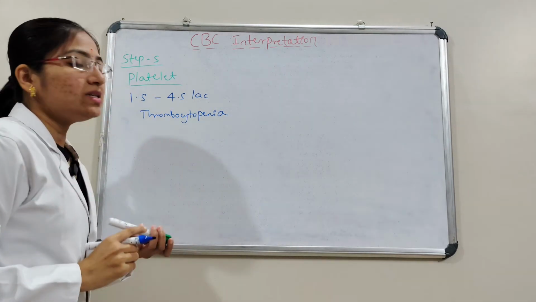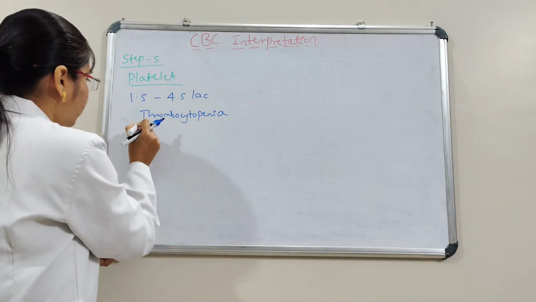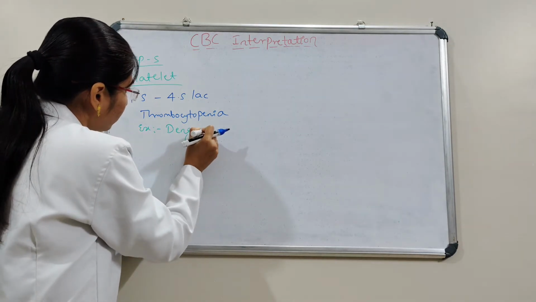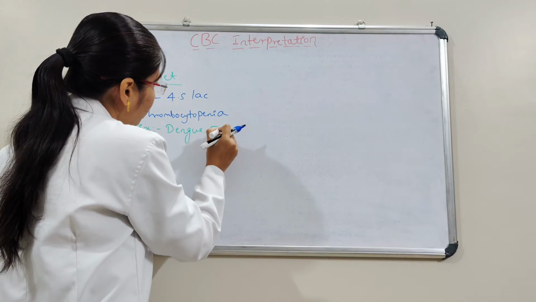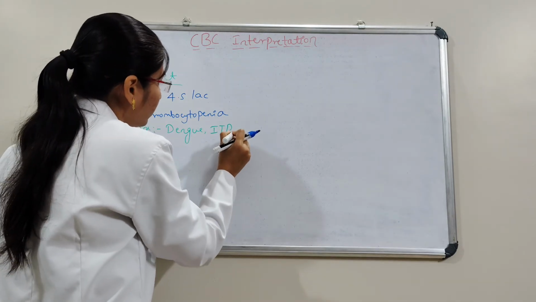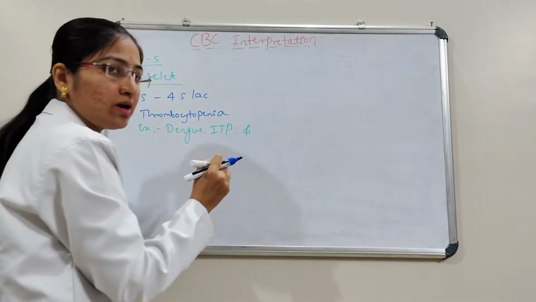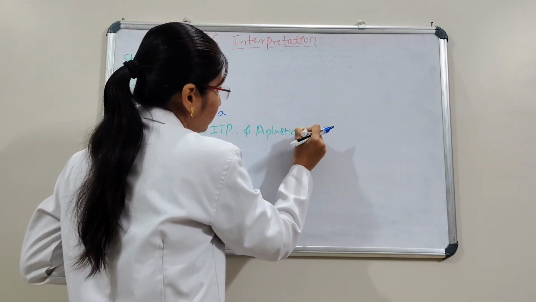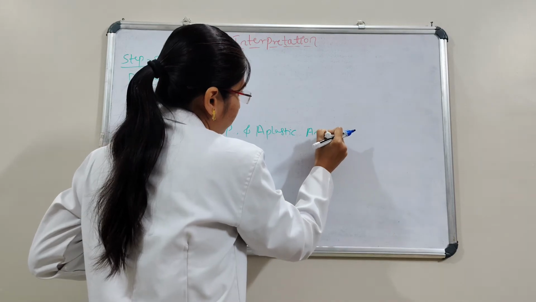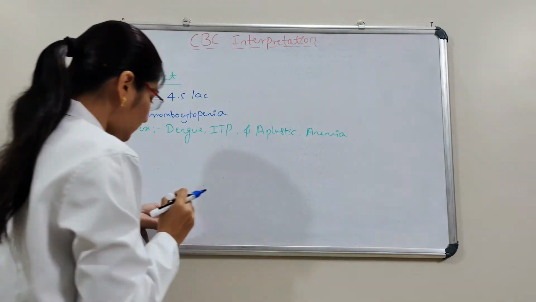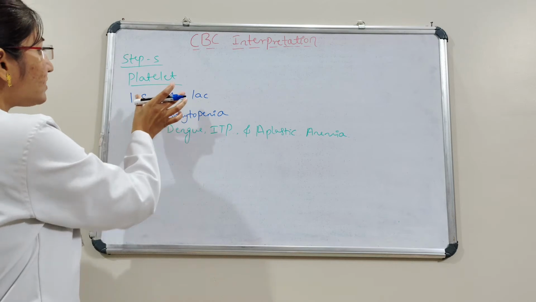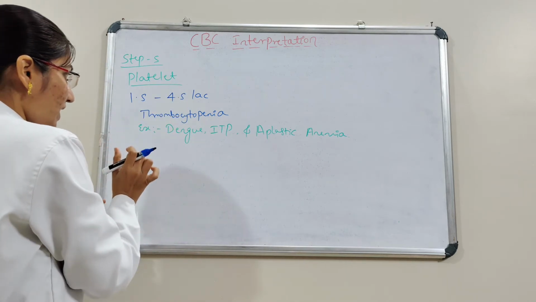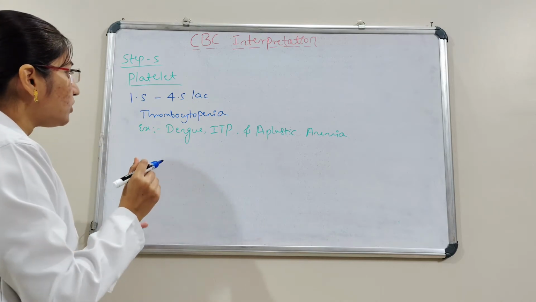We can see this in dengue, idiopathic thrombocytopenic purpura, and also in aplastic anemia. If the platelet count is increased more than normal, it is called thrombocytosis.